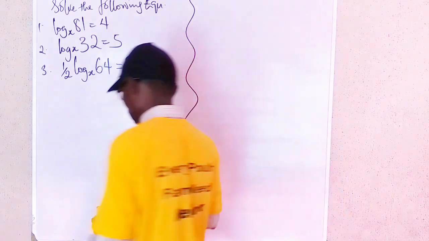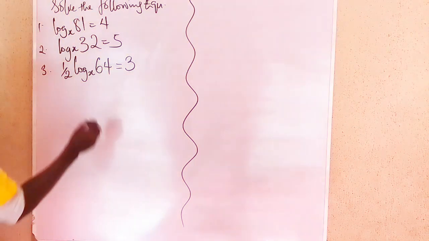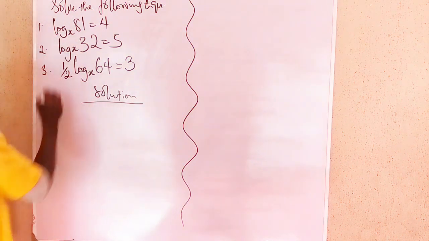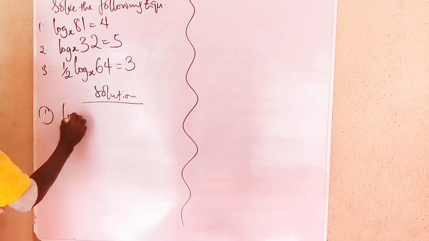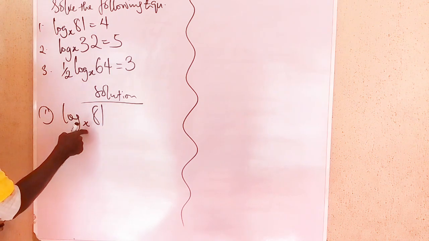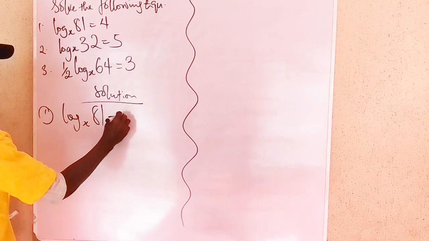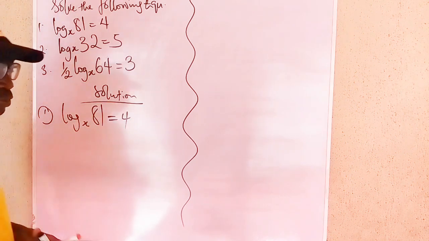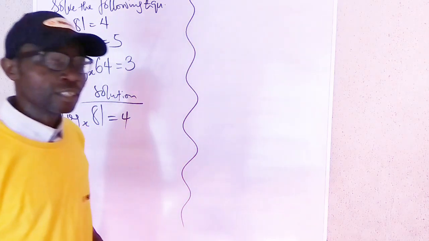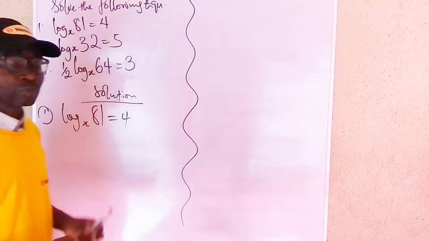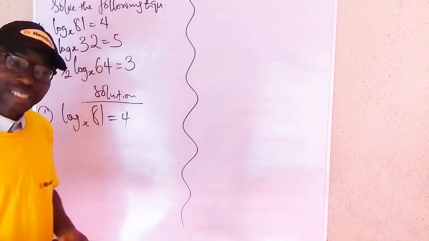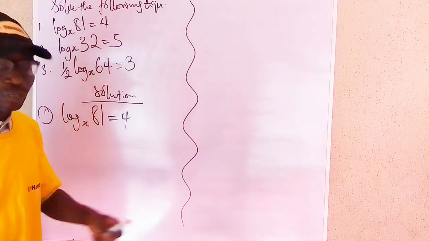Now, first we'll take them one by one. The first question: log of 81 to the base x is equal to 4. What you do is this. Always remember the definition of logarithm: the log of a number to a particular base is the number of times the base will be raised to give that number.